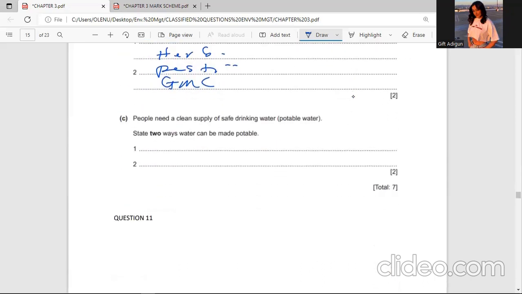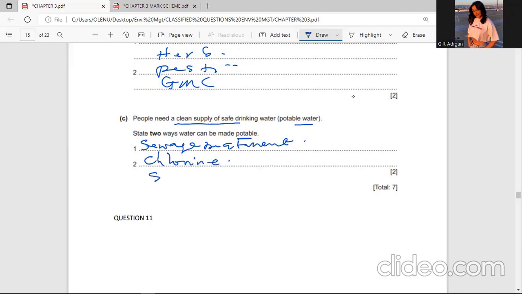All those will help to increase food production. Now, people need a clean supply of safe drinking water, which is potable water. State two ways water can be made potable. That water can be made clean. You can do sewage treatment. Now, you can also add what is called chlorine. So they call it chlorination.